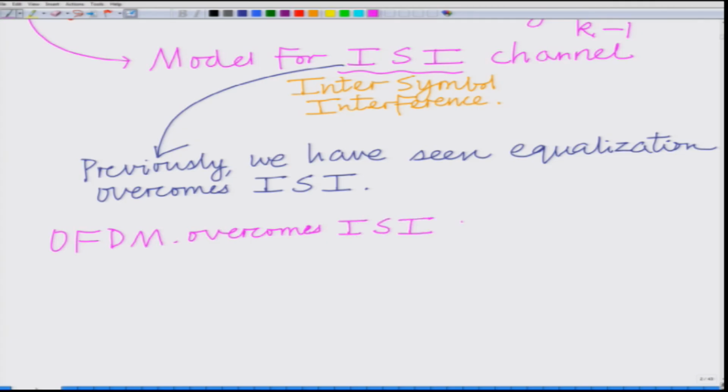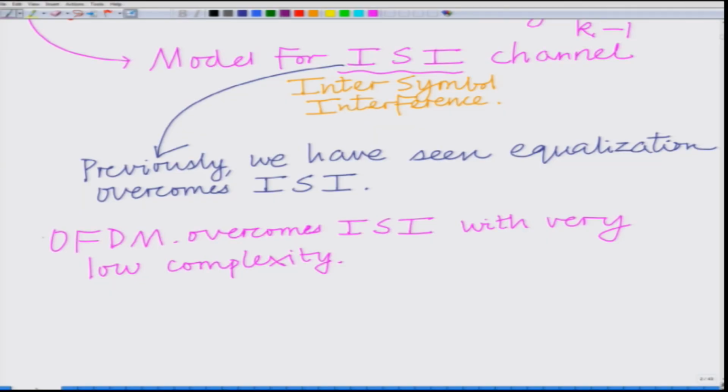One is that it overcomes ISI with very low complexity, and that is the advantage of OFDM, that it is a very low complexity, very efficient scheme to overcome the inter-symbol interference in the wireless channel.